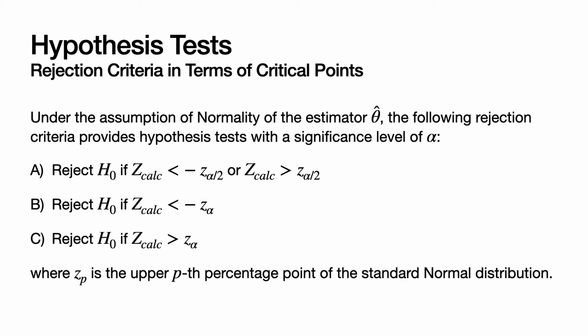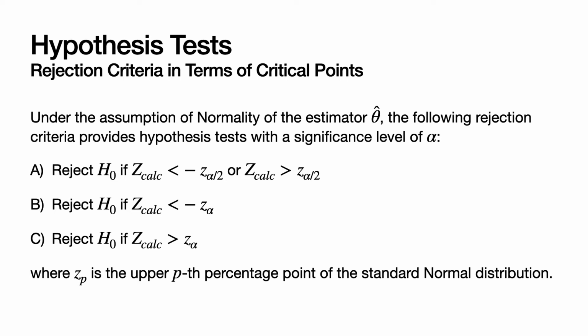Now, under the assumption of normality of the estimator theta hat, the reference distribution for this test, in other words, the distribution from which we get our critical points, is the standard normal distribution. And so the rejection criteria provided on this slide provide hypothesis tests with a significance level of alpha.